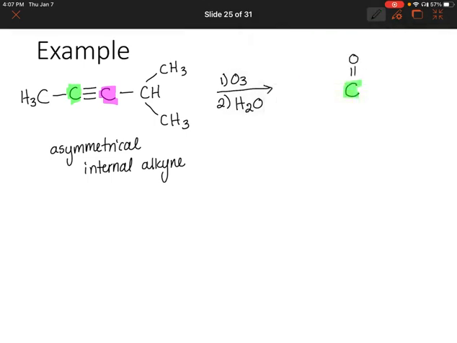So we're going to show that we end up with a carboxylic acid group, and then there's a methyl group off to the side. All right, and then let's look at the purple carbon. That is also going to form a carboxylic acid.